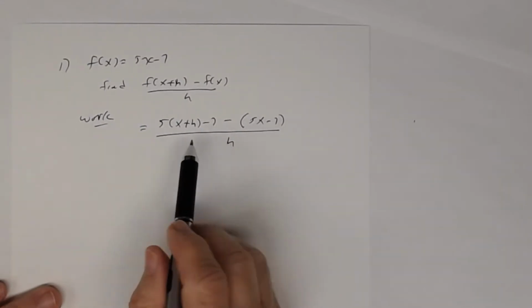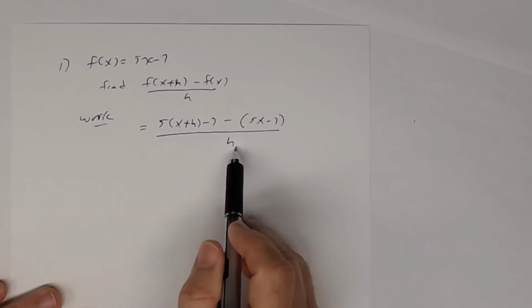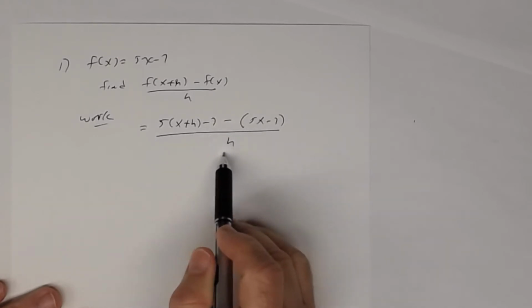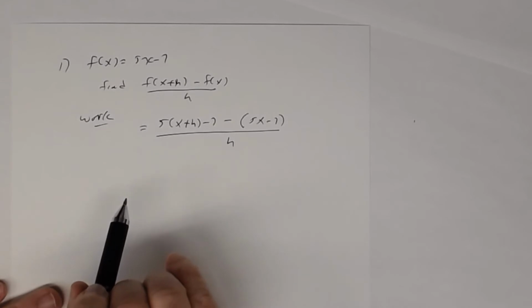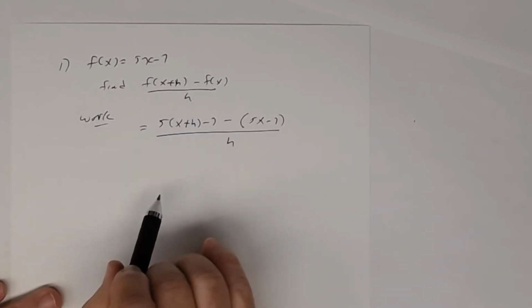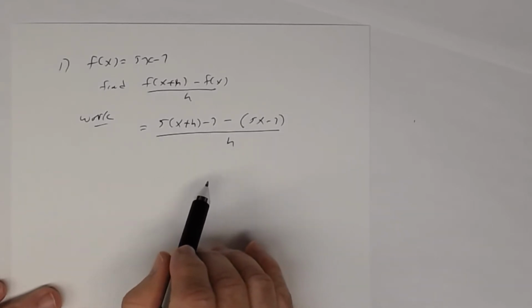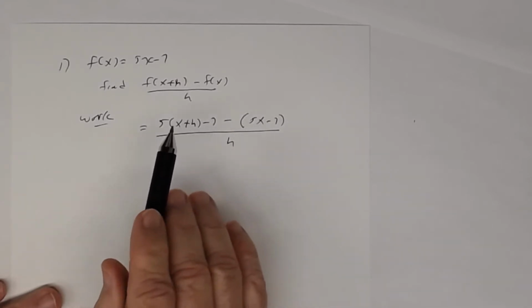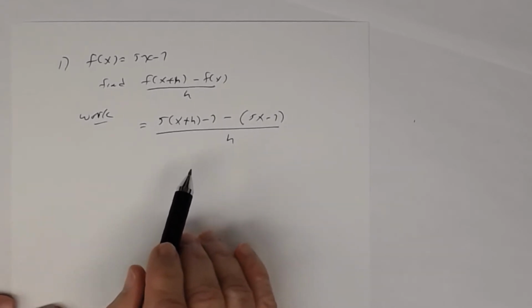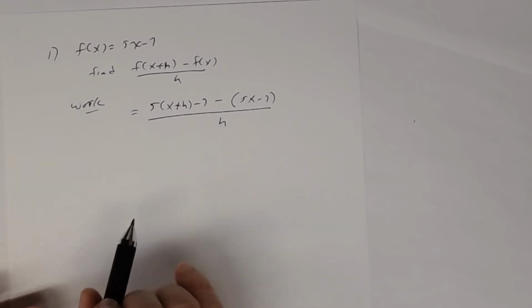Now remember though, if you're going to do it this way, you must say divide by h. That's important. If you don't say divide by h, mathematically that's not correct. If you don't do that part, you're going to lose some points and you're not going to be very happy. Everything you write down should be mathematically correct.